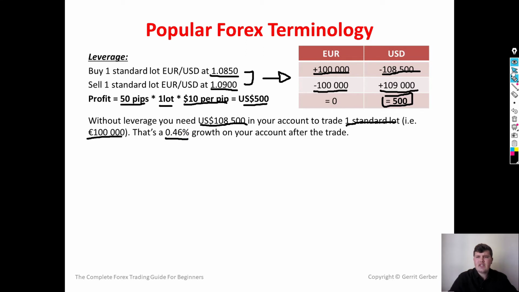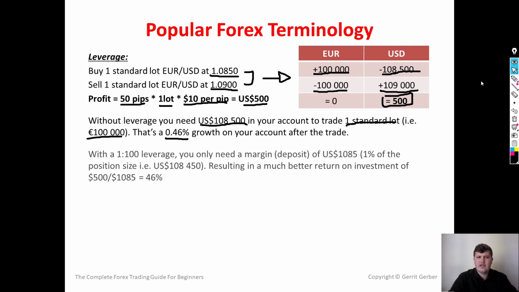And that is where leverage comes in in the forex market, because with a leverage of 1 to 100, you only need a margin or a deposit of $1,085. So it's this number divided by your leverage.